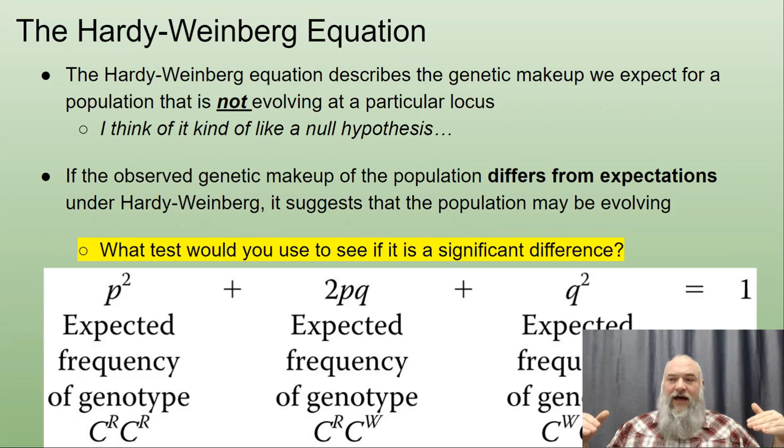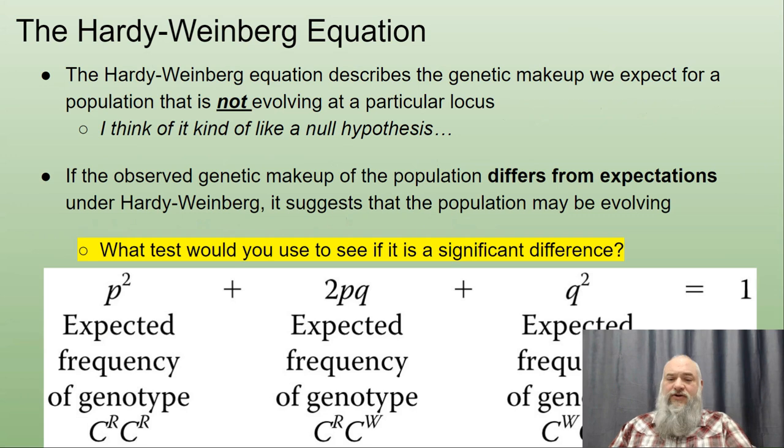Okay, so I kind of think of the Hardy-Weinberg as a null hypothesis. If there's nothing influencing the evolution and no evolution is happening, this is what we'd expect. So it's kind of like a null hypothesis in that respect. So bullet number 2, if the observed genetic makeup of the population differs from these expectations, it would suggest the population may be evolving.